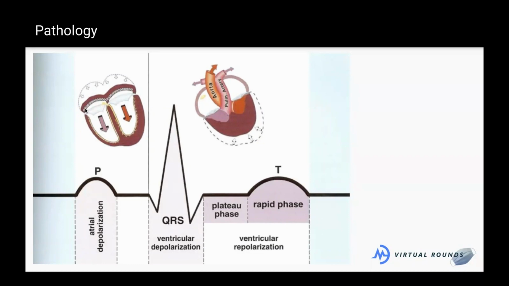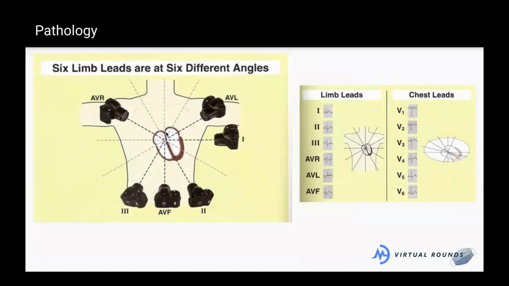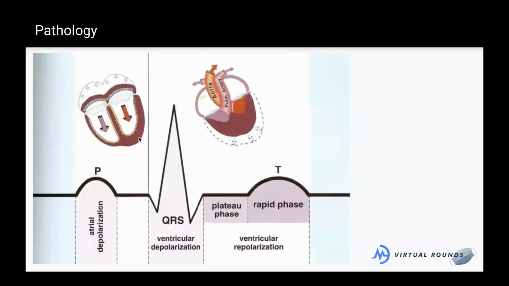And then as they're coming around this way, they're going to look a little negative because they're now moving away from me to get back to the AV node. Then they pause. That's the flat line. Then they go up, boom, and that's them surging down the ventricles, which is this big up because it's a positive vector coming towards me. I'm at the foot, and then it goes big negative, because it's going to squeeze up away from me, and squeezing away from me is a negative vector.